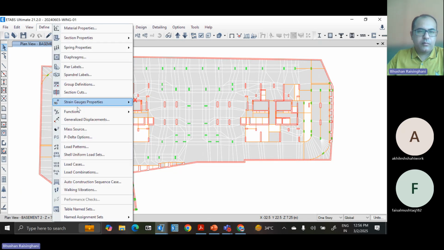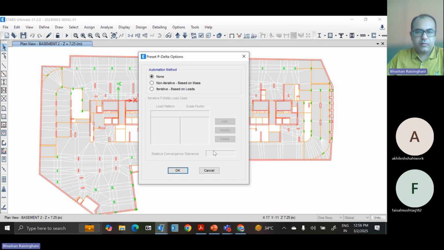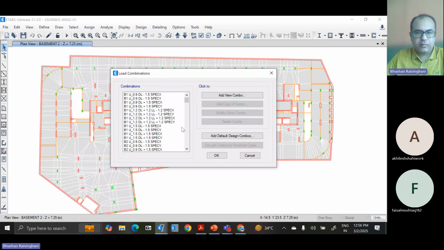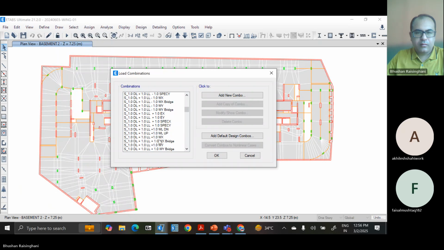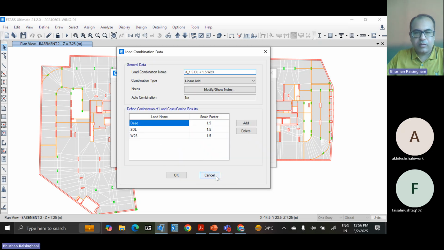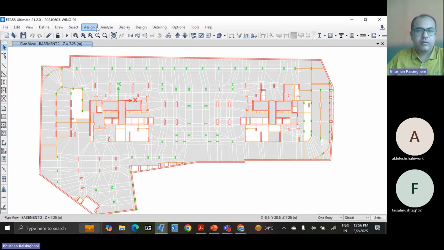And here, if you define P delta as, let's say, don't define, then we go to those combinations. So these additional loads are generated. Let's see.